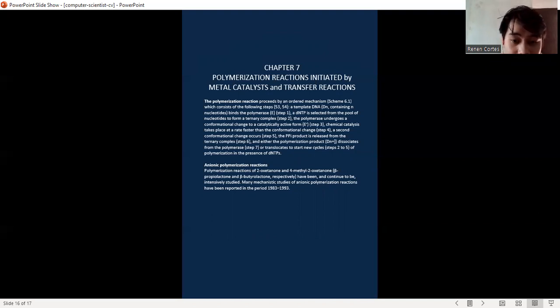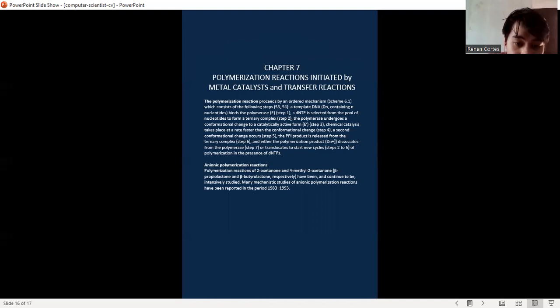And for step 7, either the polymerization product DN plus 1 dissociates from the polymerase or translocates to start new cycles of steps 2 to 5 of polymerization in the presence of dNTPs.